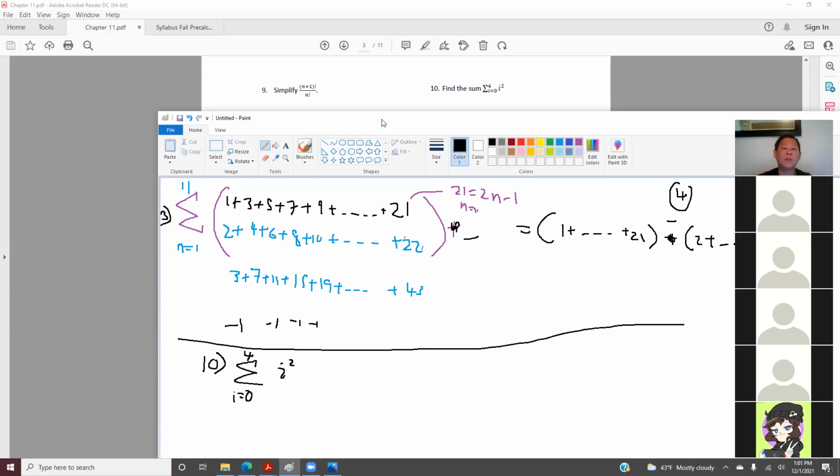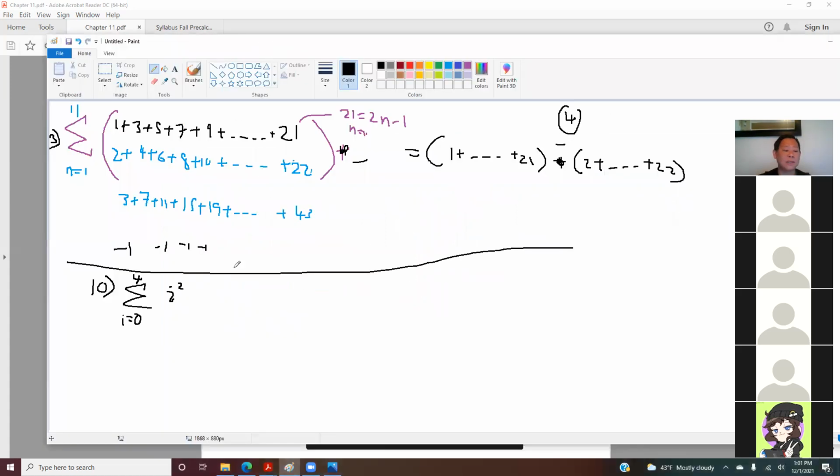Okay. So how do we do this kind of question? First you replace your i with 0. So you get 0 squared. And then you replace i with 1, 1 squared. i becomes 2, 2 squared. i becomes 3, 3 squared. And i becomes 4, 4 squared. And we stop at 4 because the summation here says you stop at 4.